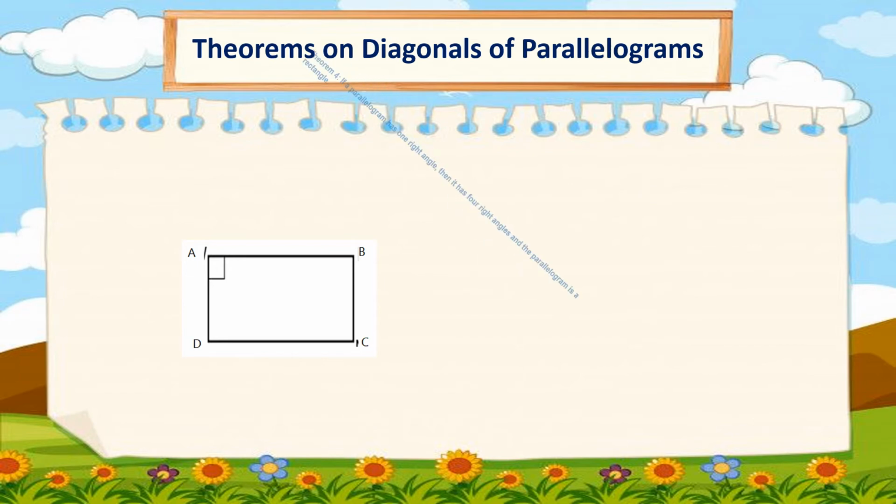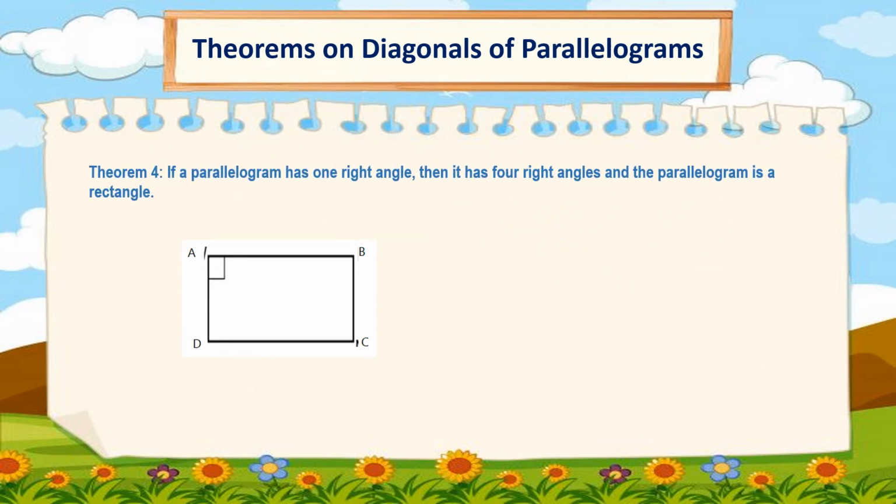Fourth theorem. If a parallelogram has one right angle, then it has 4 right angles and the parallelogram is a rectangle. Say for example, we have parallelogram ABCD. Since angle A is a right angle, then it has 4 right angles.